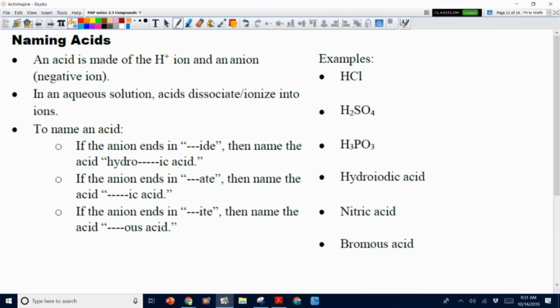And then our last example here, bromous acid, -ous, O-U-S. There's no hydro here, so we know it's a polyatomic ion. So -ous comes from -ite. So this is a bromite ion. Okay, so if we drag out our polyatomic ion list and look at bromite, it's not on your polyatomic ion list, but I'm going to tell you it's bromite.